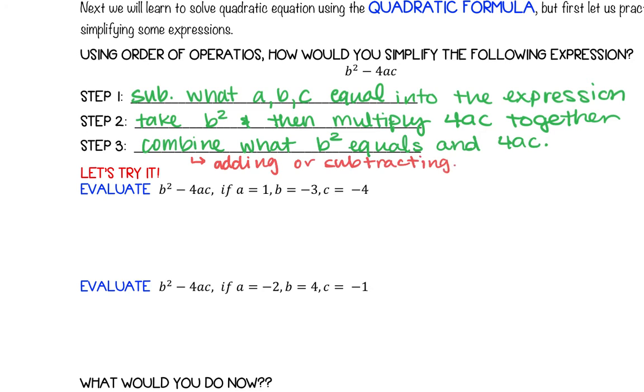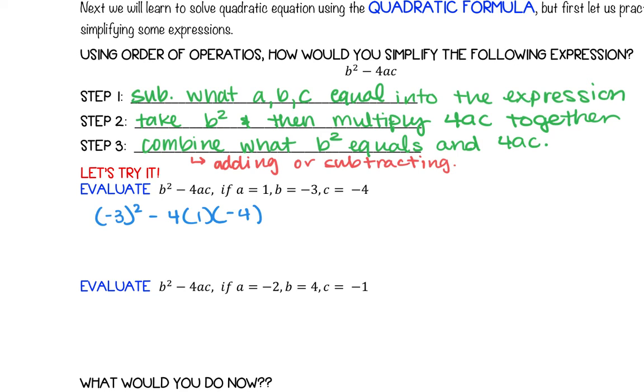Now let's try it together. So evaluate b squared minus 4ac, if a is 1, b is -3, and c equals -4. So I am going to do step 1, substitute what a, b, c equal into the expression. So we get -3 squared minus 4 times 1 times -4.